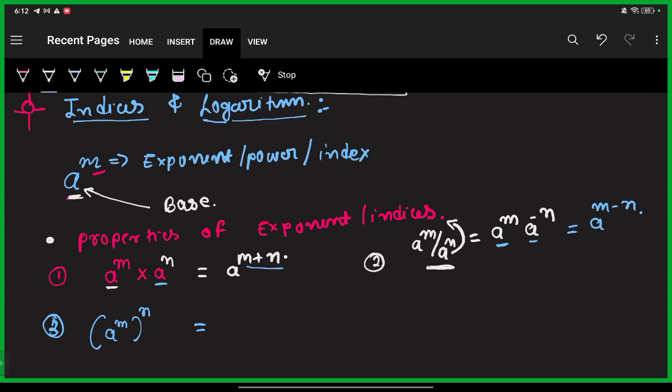Sir, A raised to m into n. Very good. Fourth property. A raised to minus n. We can write it as 1 by a raised to n, right? Also we can write it as 1 by a raised to n. Understood?